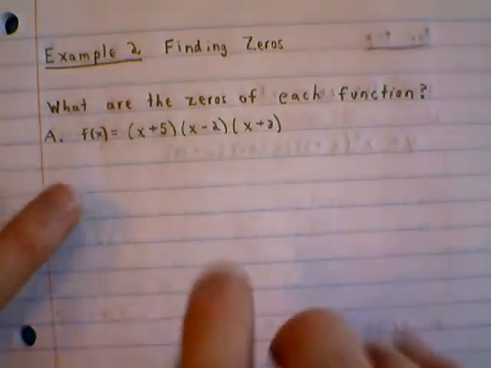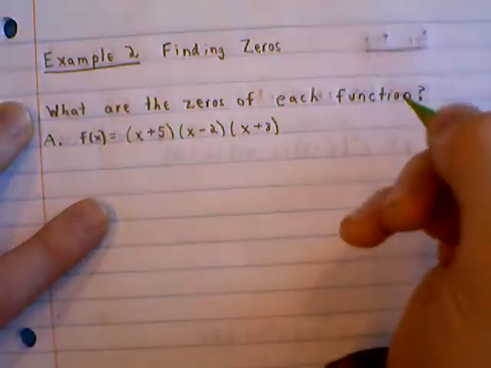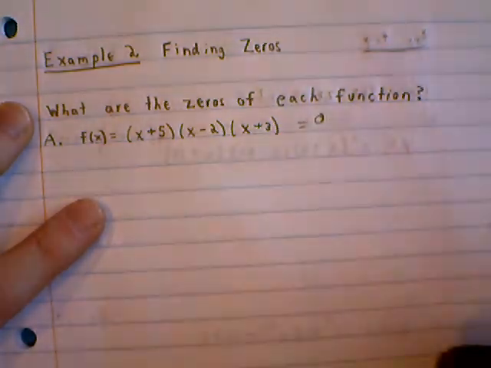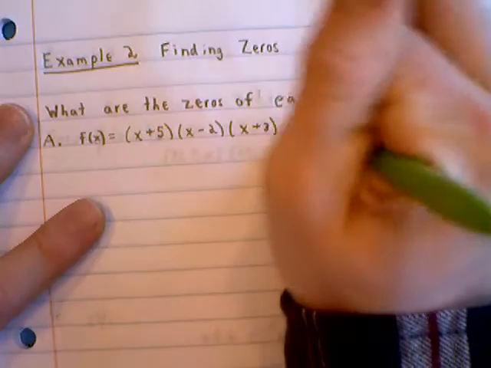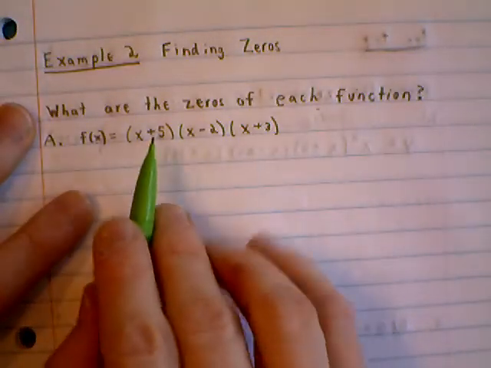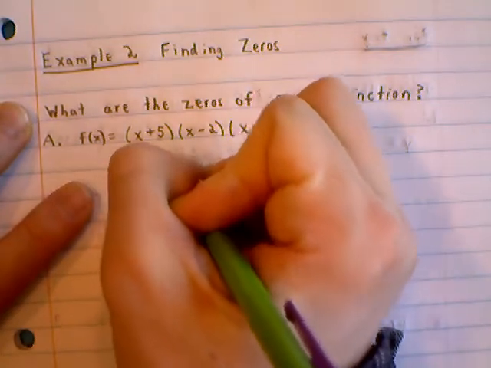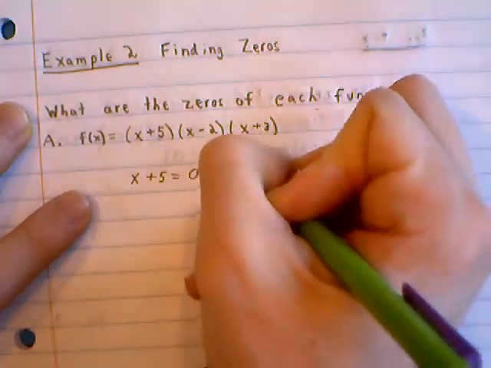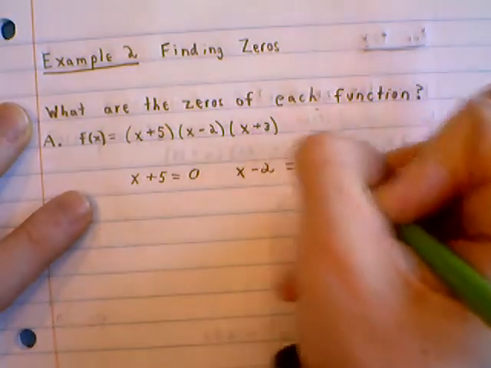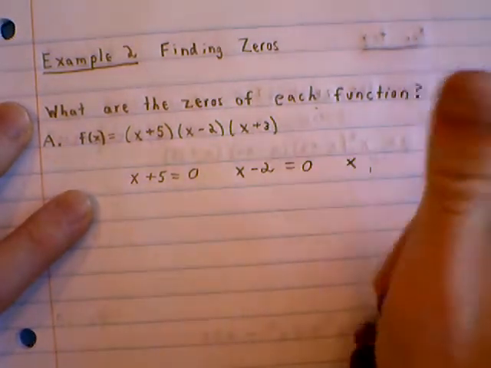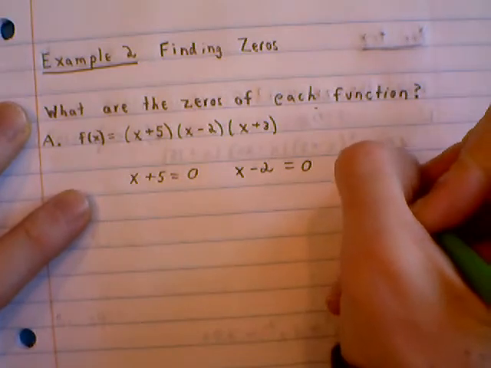So I take my function and set it equal to 0. To do that, I take each factor and set each factor equal to 0. This is just like the previous chapter where you take each binomial and set each binomial equal to 0.